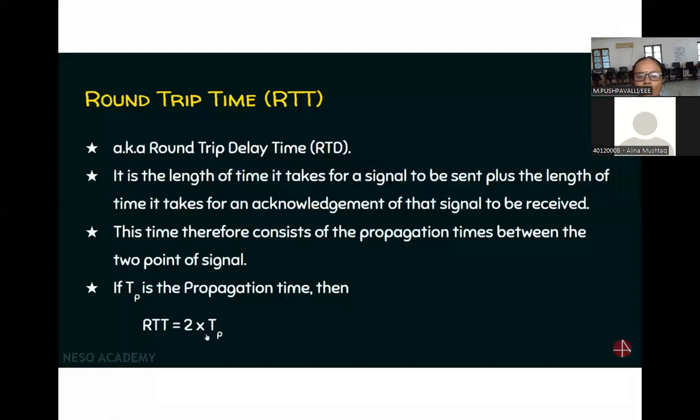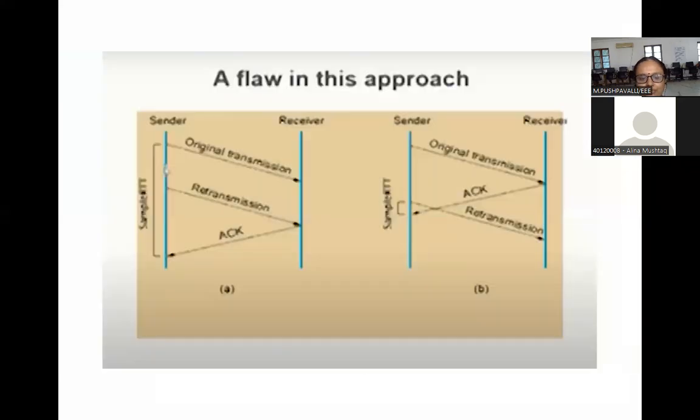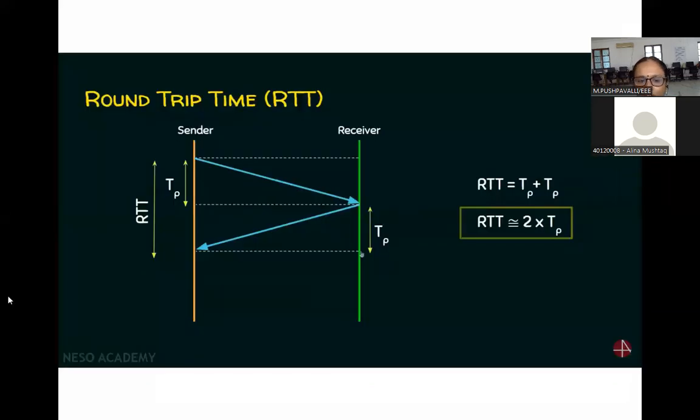Round trip time is the length of time taken for a signal to be sent plus the time taken for the acknowledgement of the signal to be received. Here I am sending my packets, and this is my acknowledgement.